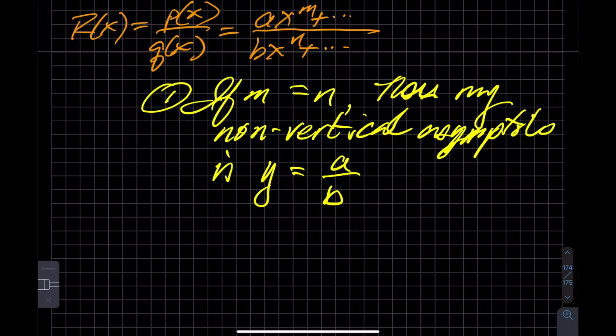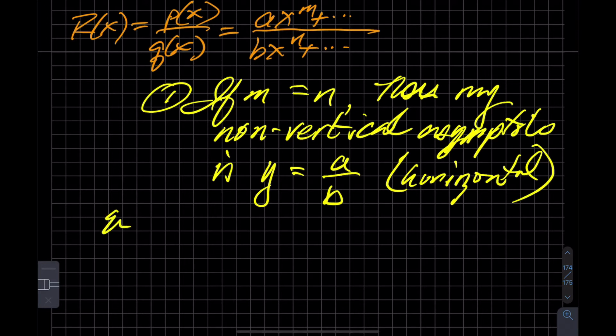When I say non-vertical, in this case, it is in fact horizontal, because it's going to be y equals a over b, the ratio of the lead coefficients. So my example, I think this is example 3 at this point.